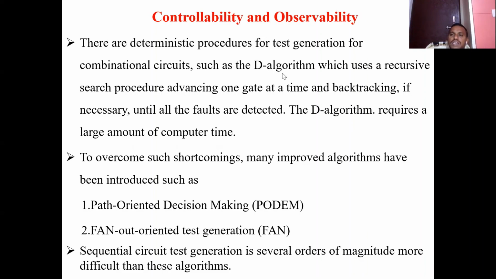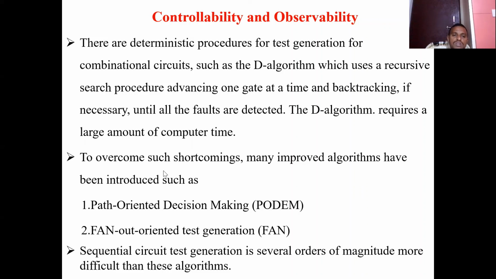It tests each and every gate one by one, and if necessary, to identify perfect testing, we go with backtracking also. But since we have to verify each and every gate, it takes a lot of time. That is the disadvantage of the D algorithm.